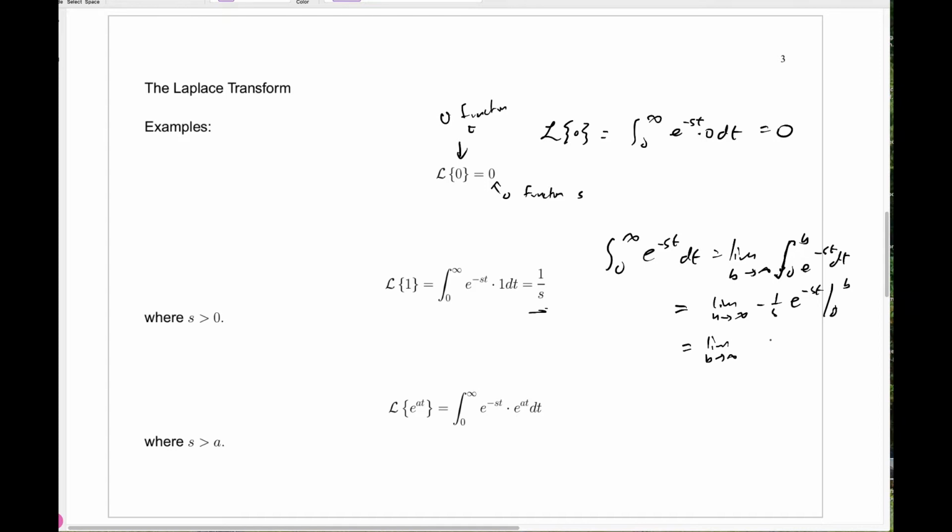And when I plug in b, I get minus 1 over s e to the minus sb. And then I subtract what I get when I plug in 0, which is just plus 1 over s.